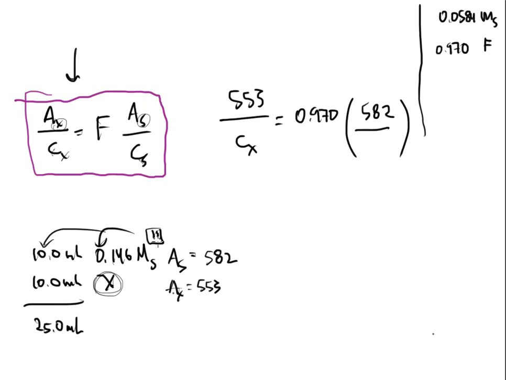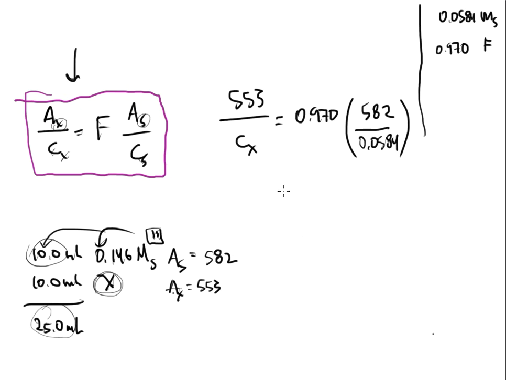We had to use the dilution equation to solve for that, right? Because it was 10 mils diluted to 25. So up here, this concentration is 0.0584.